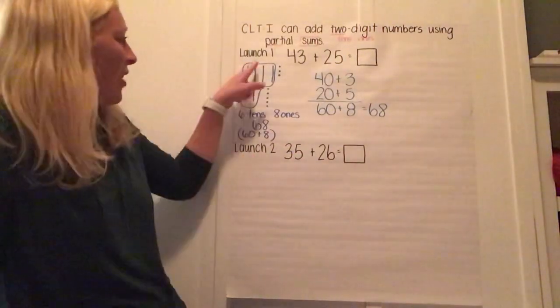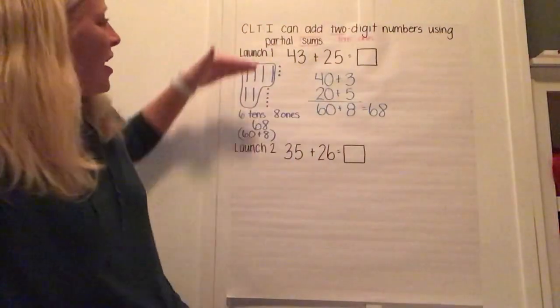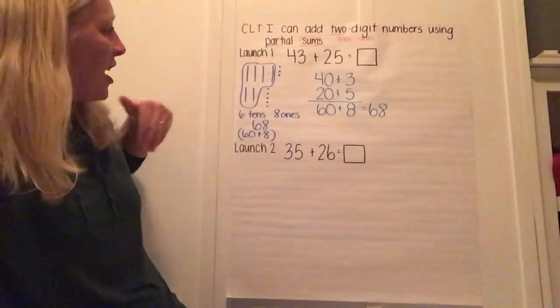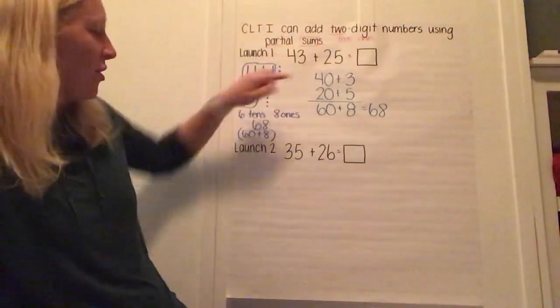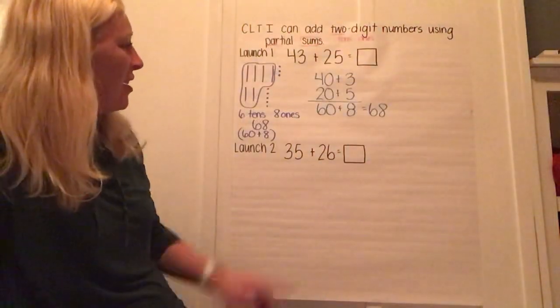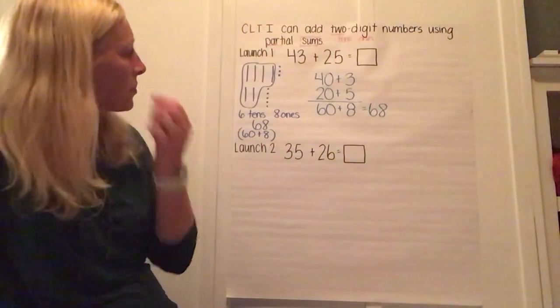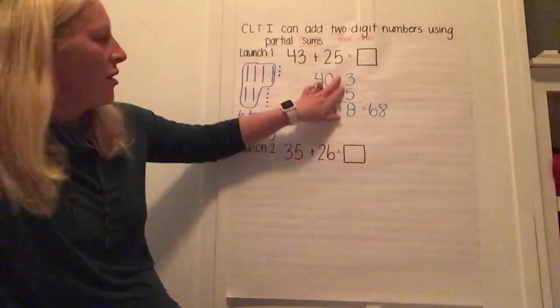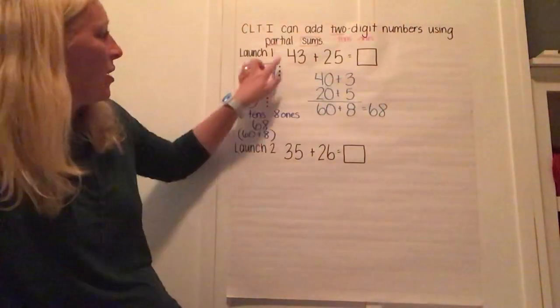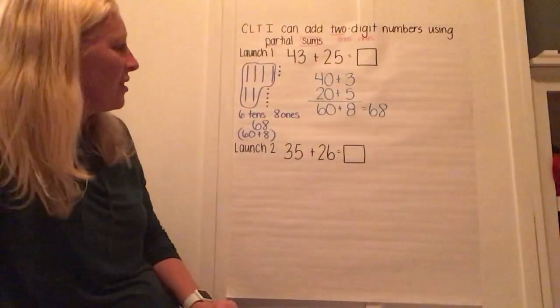They did both add their tens together. They had their 4 tens and their 2 tens, or their 40 and their 20. And they both got 60. What else did they do that was similar? They add their 3 and their 5 to make 8, and their 1s to make 8.